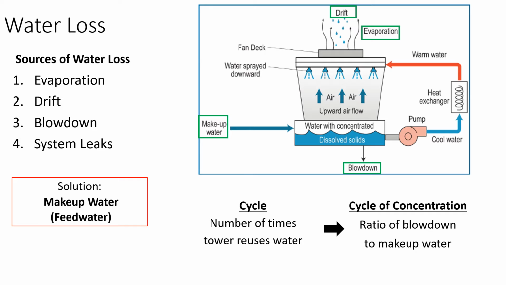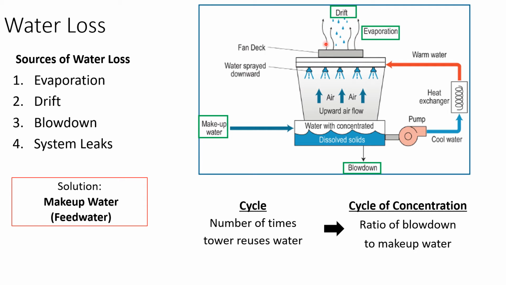Besides water that is lost from evaporation, cooling towers lose water due to drift, blowdown, and leaks within the piping system. The figure on the right is showing a counterflow tower, but crossflow and counterflow cooling towers experience the same sources of water loss. So this figure is being used to illustrate the water loss points.